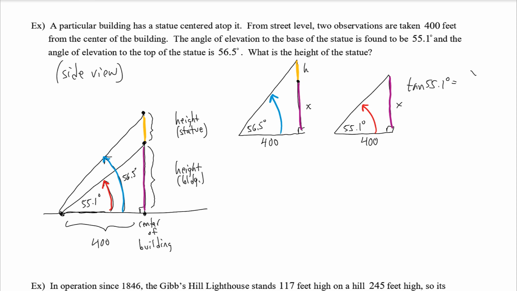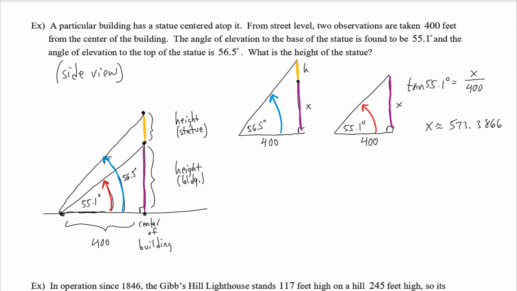So it'd be opposite over adjacent. So then I'd do my proportion, use my calculator. And we get 573.3866 feet. So that's how tall the building is. But I want to know the height of that statue, so I got to go figure that out.